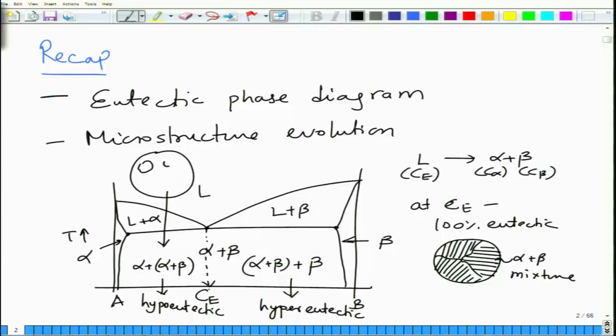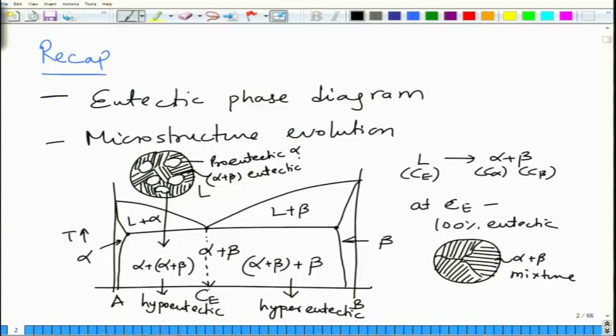Some alpha which is formed earlier is the pro-eutectic alpha, and in between you have this mixture of alpha and beta. The remaining liquid, whatever is present at the eutectic temperature, converts into the eutectic mixture. So this will be alpha plus beta eutectic.